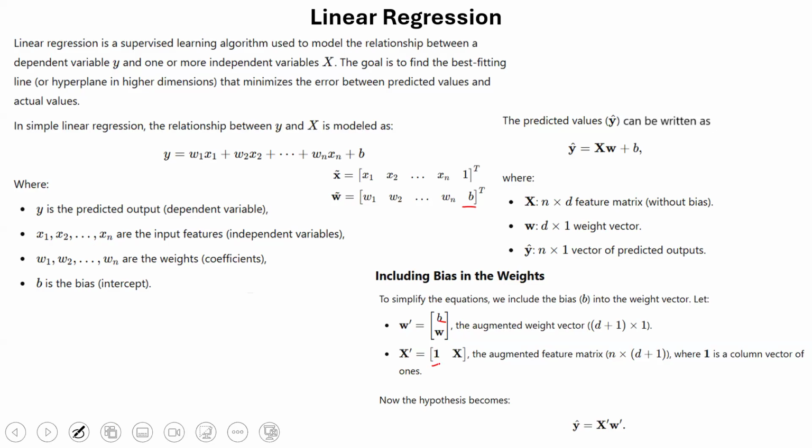It doesn't really matter whether b comes at the end or before everything; they are both the same. So now you can simply represent this whole equation as y is equal to x into w. You don't have b here because b is incorporated in the weight vector itself.